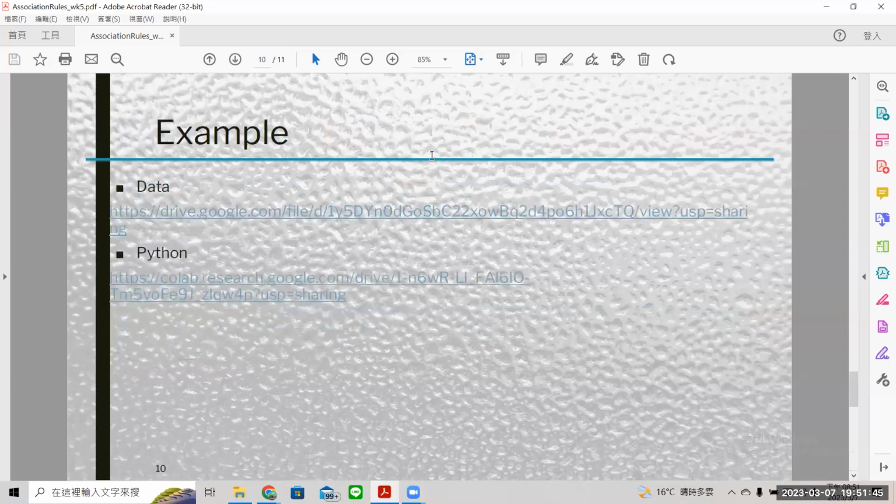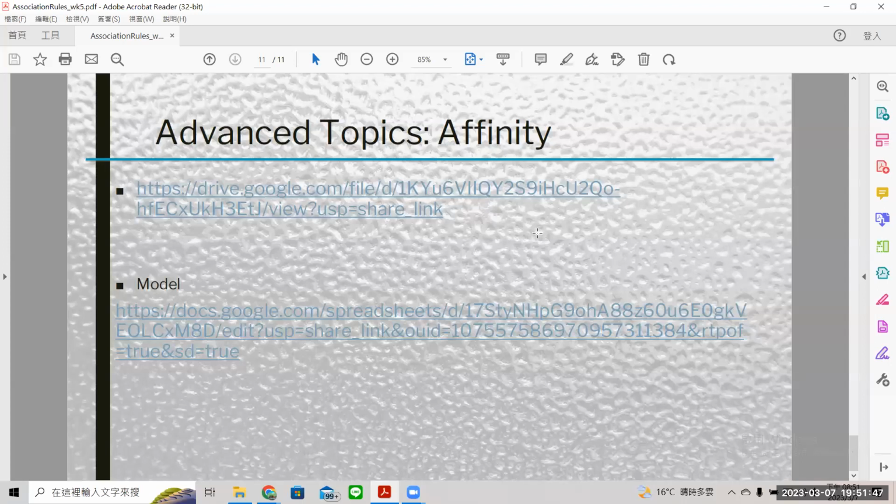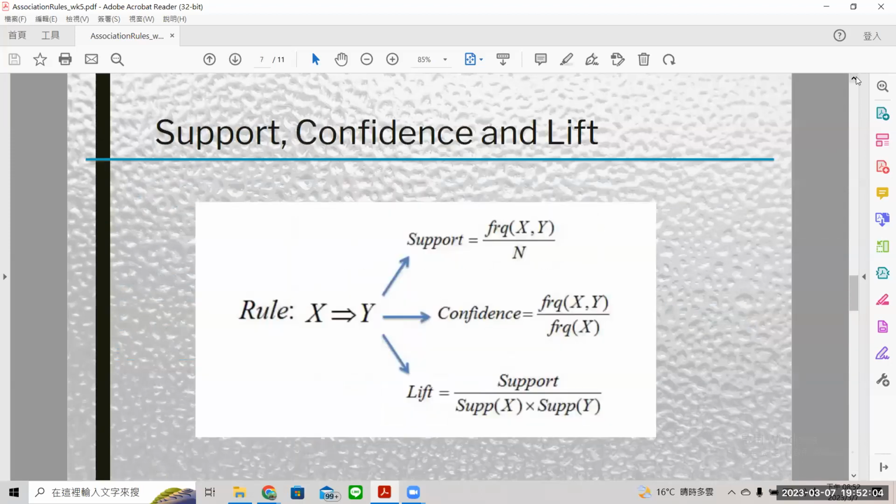But before we go to affinity, actually you can check. It has some relationship with the support. We just defined the function of support. So actually the affinity is developed based on the basic concept of support. Do you remember support? Okay, support, please remember. Now, in the affinity, I subjectively define support as affinity.